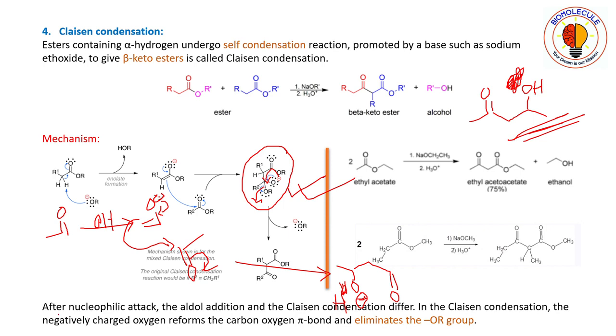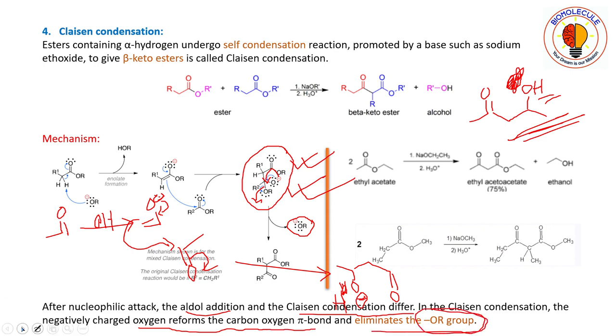So after nucleophilic attack, the aldol addition and Claisen condensation differ. So here is the difference. In Claisen condensation, OR minus is kicked out from the intermediate, whereas in aldol condensation, the intermediate captures one proton. In Claisen condensation, the negatively charged oxygen reforms the carbon oxygen pi bond and eliminates the OR group.